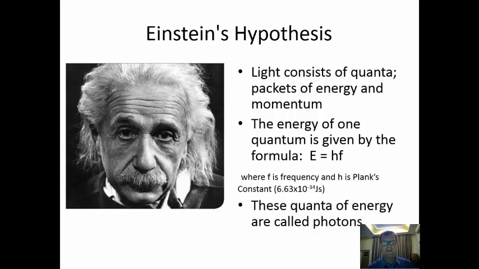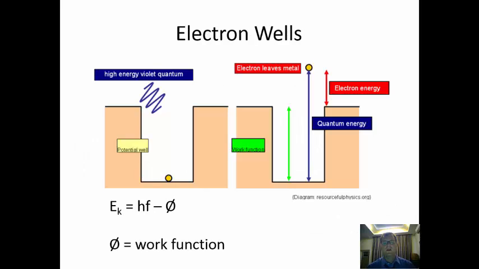Now, how does this really explain what we've just seen? So let's put this into practice. A model used is known as the Electron Well model. The electron is held within a potential well in the material. So when a high energy violet quantum comes along, it provides energy to this electron.